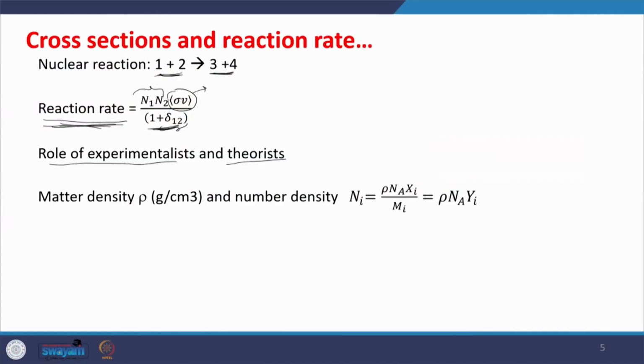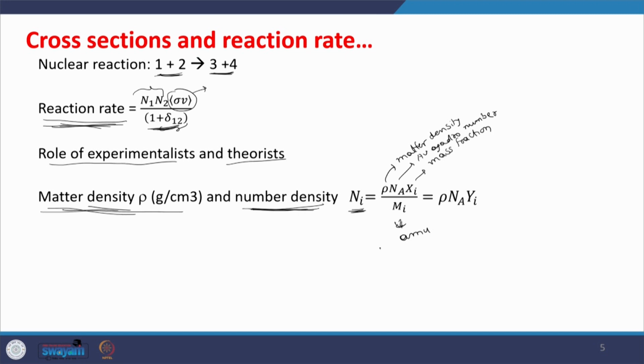And the next point: in stellar plasma, instead of number density, researchers go for another quantity, that is matter density, in grams per centimeter cube. How are they related to each other? Number density is related to the matter density, in grams per centimeter cube, times the Avogadro number, you can cross check the dimensions on both sides, and this is the mass fraction, and this is the mass in AMU.